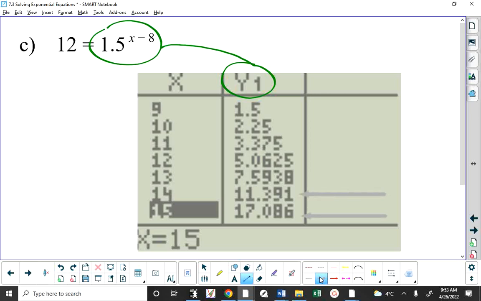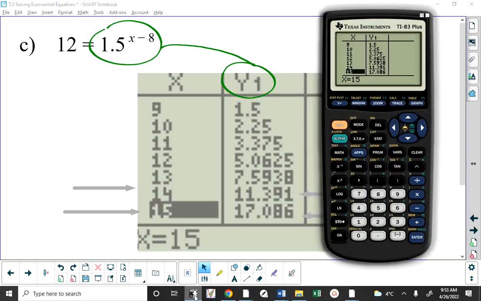When x is between 14 and 15, then that's when we can get 12 out of it. So now, maybe what you want to do is set up your table to start at 14 and go up by 1 to try to narrow it down.